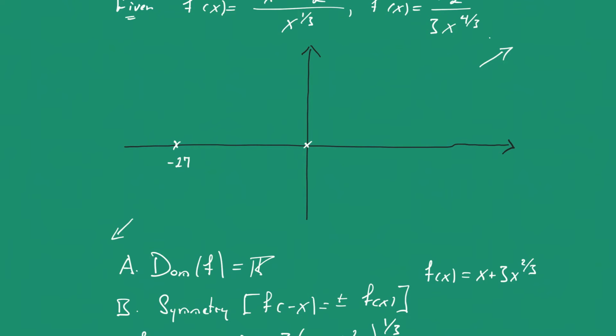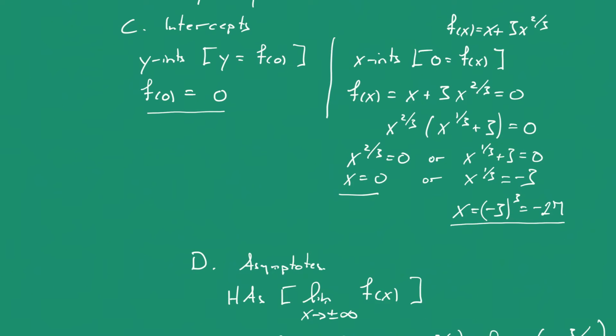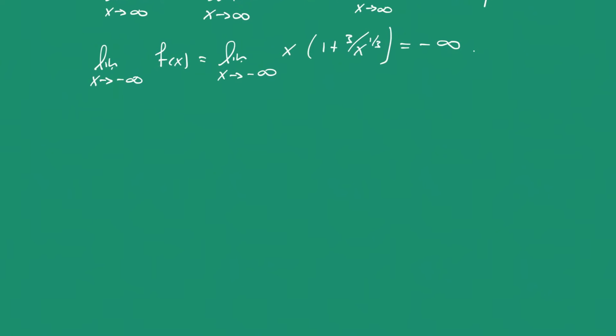All right, so on to vertical asymptotes. Remember, vertical asymptotes are going to occur, if at all, at points not in the domain of the function. In this case, well, the domain of our function is equal to all real numbers, and so we're not going to have any vertical asymptotes.